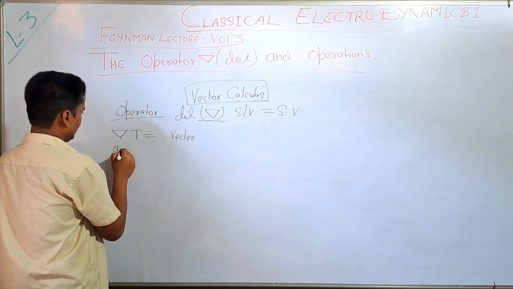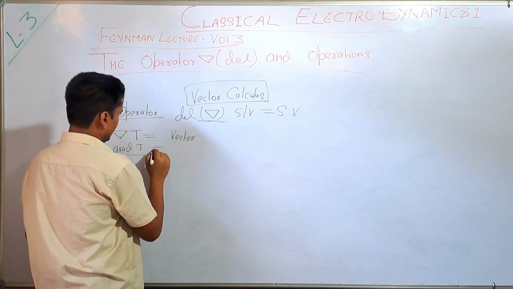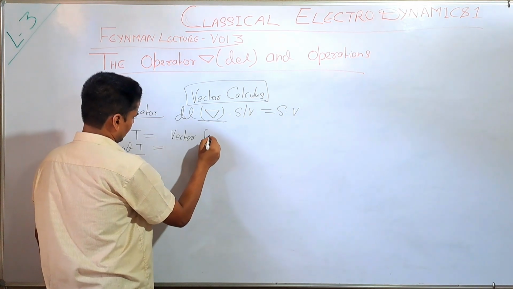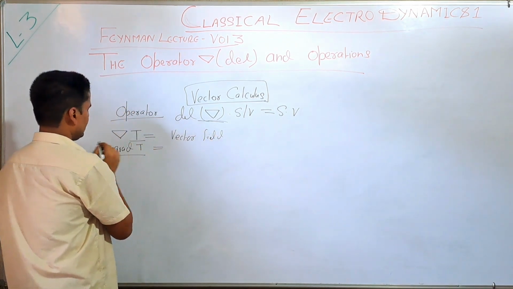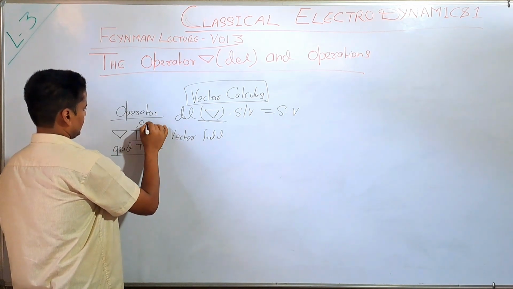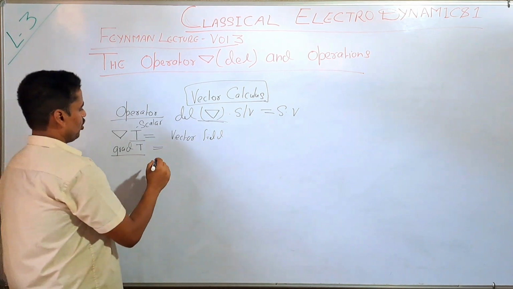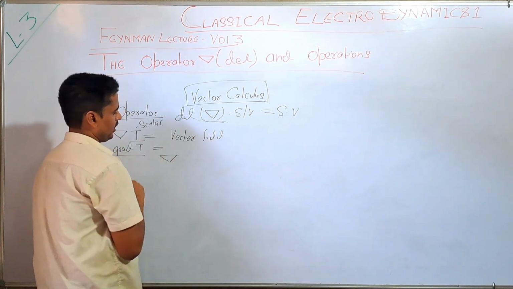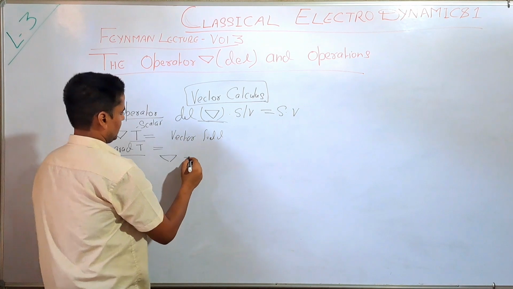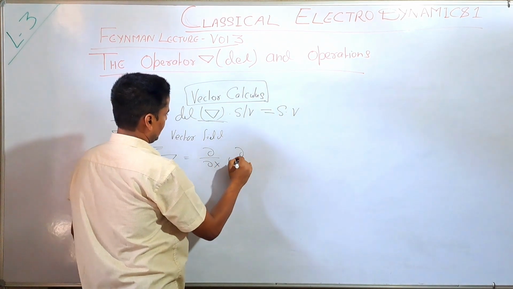It's called gradient of T, and the output will be a vector. T is a scalar field.